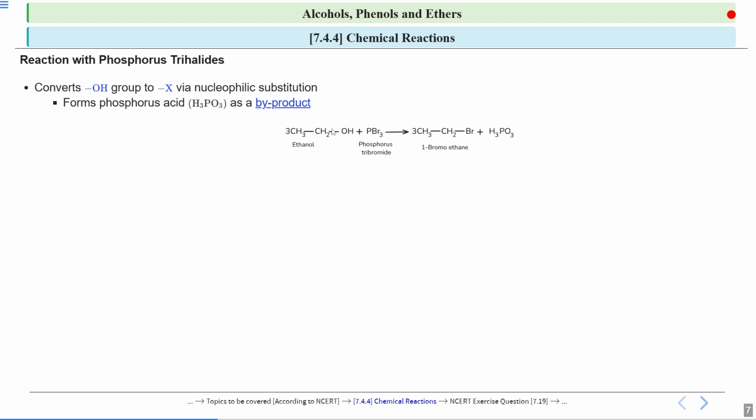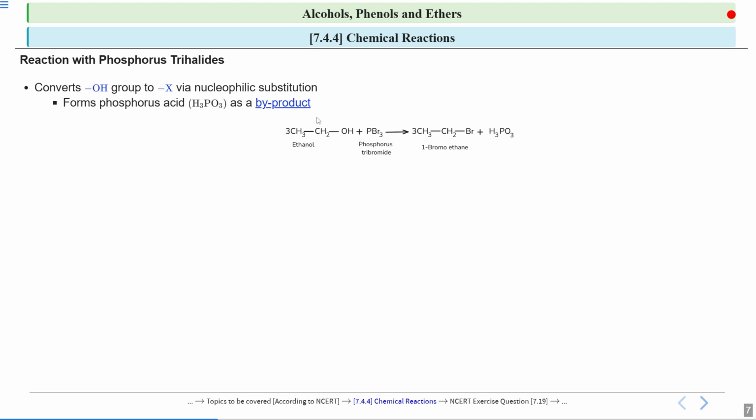So what will happen in this reaction? Since it involves the cleavage of the carbon-oxygen bond, you will see that this carbon-oxygen bond gets broken, and a carbon-halide bond is formed. Since here your alcohol is acting as an electrophile, first we have to make this alcohol an electrophile. Only then will your nucleophile attack it.